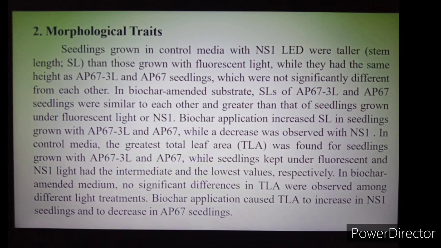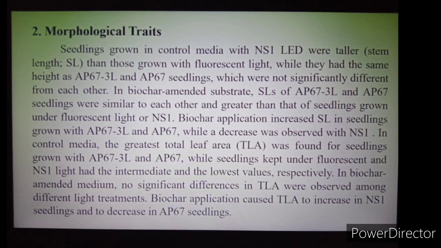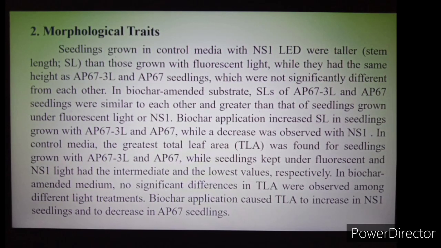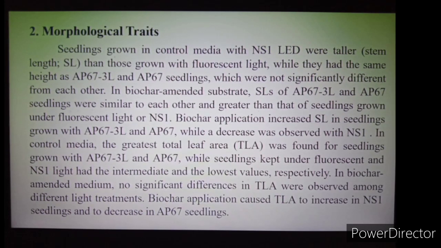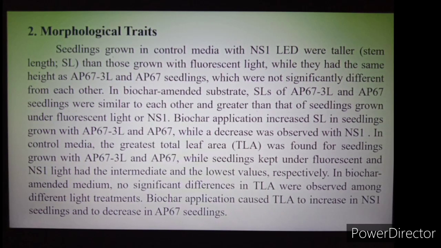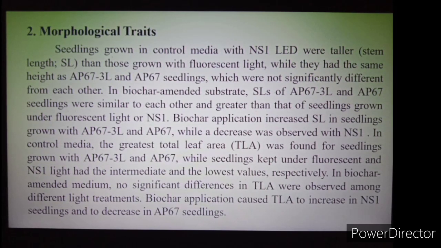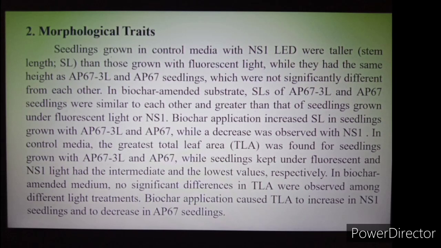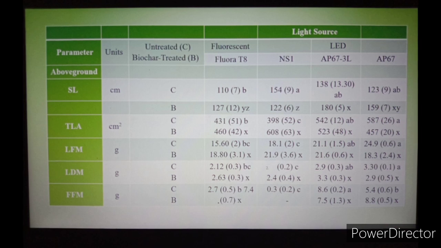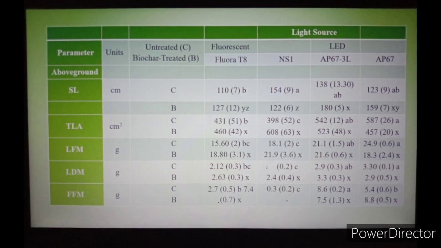In biochar amended medium, no significant differences in TLA were observed among different light treatments. Biochar application caused TLA to increase in NS1 seedlings and to decrease in AP67 seedlings. Values indicated in the table show the mean of 6 samples.